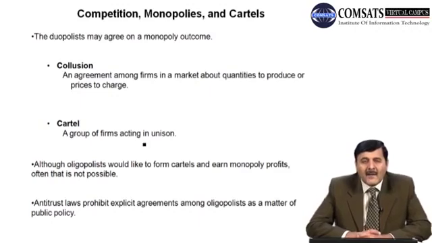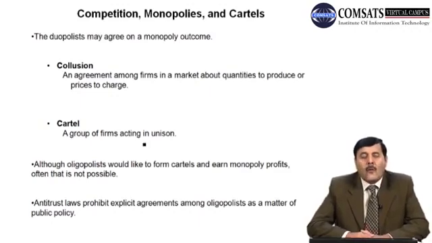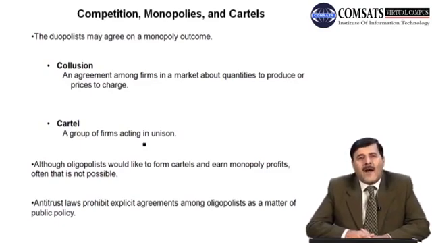So they form a cartel and act like a monopolist. Although oligopolists would like to form cartels and earn monopoly profits, often it is not possible, and it is an undesirable situation, because in a cartel they act like a monopolistic firm, and a monopolistic firm charges a high price and produces less quantity, supplying less in the market, and they are producing less, below the efficient scale of production.